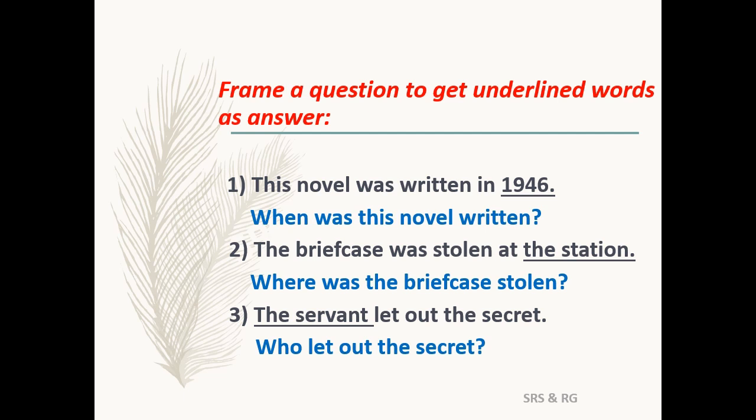When was. Then the subject, this novel. When was this novel? Then written is the main verb. WH word, auxiliary verb, subject, main verb. So this is satisfied. When was this novel written is the answer.